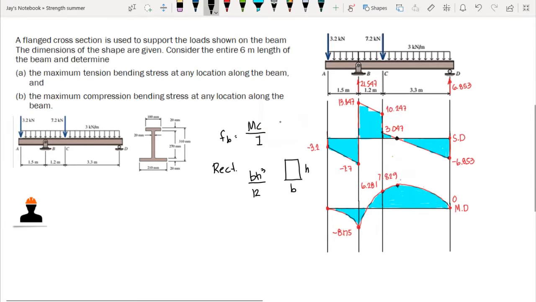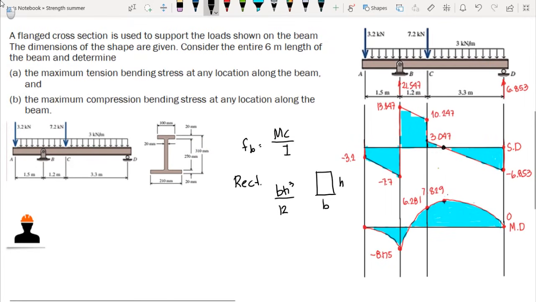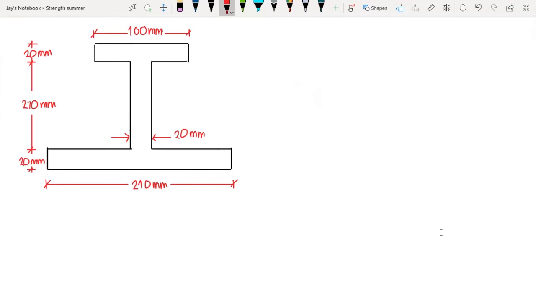Once we compute the centroid or the neutral axis of this beam, we can now compute for c, the distance from the neutral axis to the point of tension or compression bending stress. So let's compute the I in this problem.